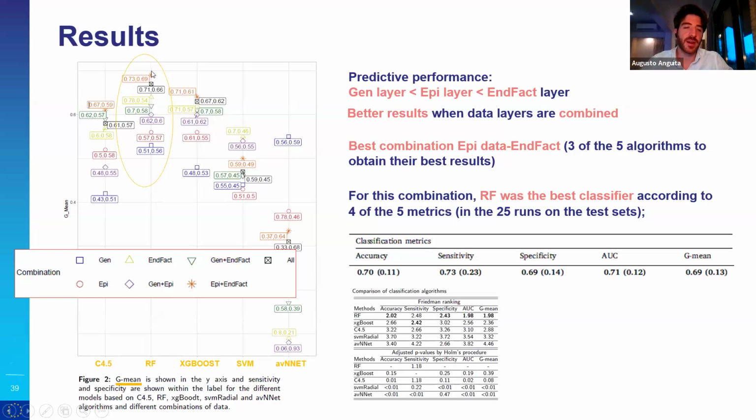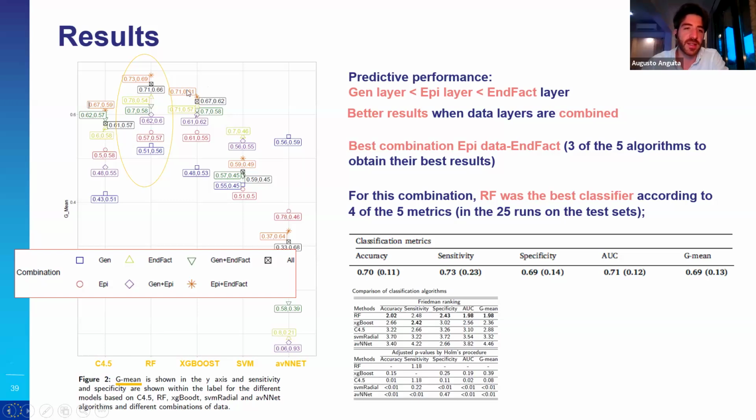In different colors are the different types of data combinations. We have here in orange the combination of epigenetic data with endogenous factors. We have in a blue square the genetic data alone, in an orange circle the epigenetic information, and in a yellow triangle the endogenous factors.